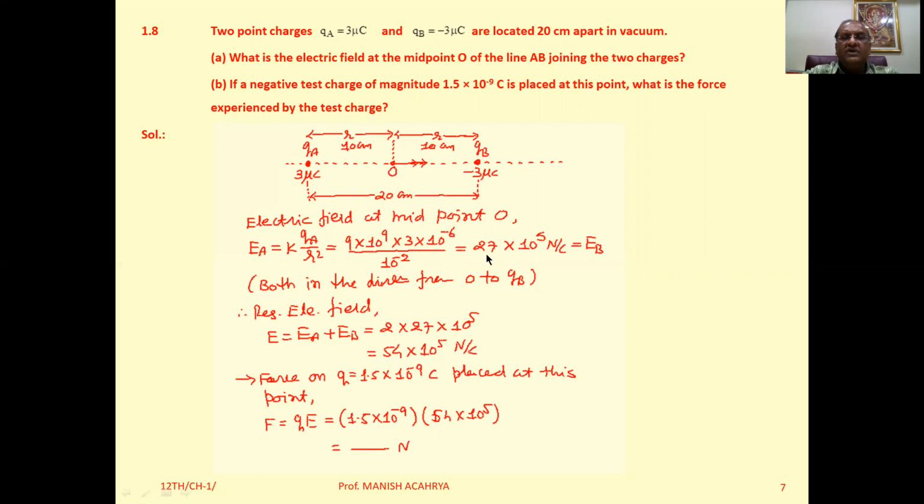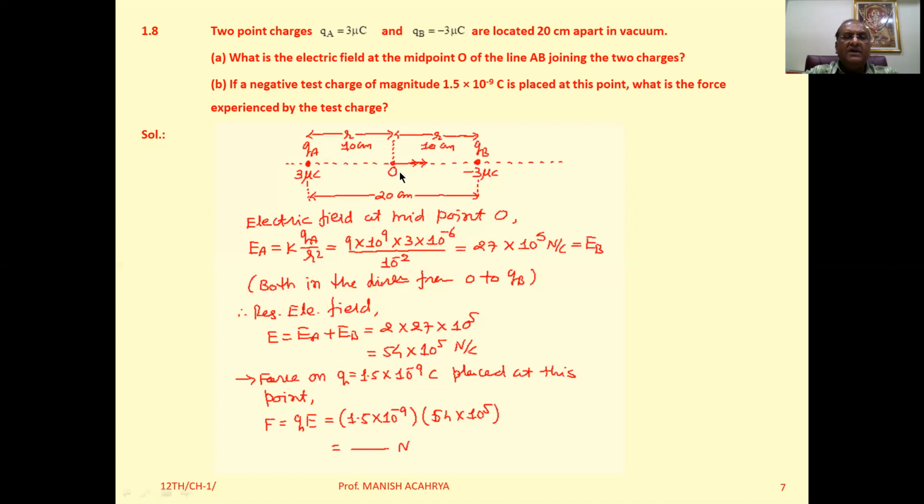When you solve this one, you will get 27 into 10 raised to 5 Newton per coulomb. Magnitude wise, electric field due to charge QB will also be the same, because magnitude wise charge QB and charge QA are same, and this point O is also at the same distance from QA and QB.